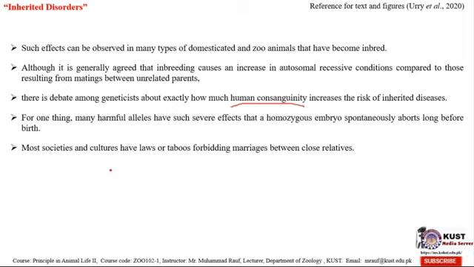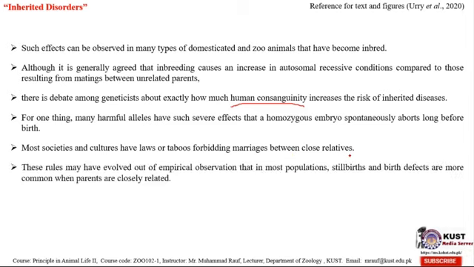Most societies and cultures have laws or taboos forbidding marriages between close relatives. These rules may have evolved out of empirical observation that in most populations, stillbirths and birth defects are more common when parents are closely related.